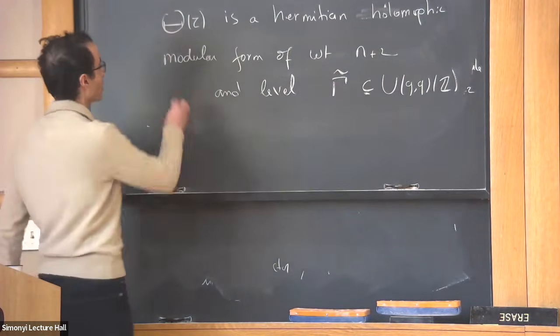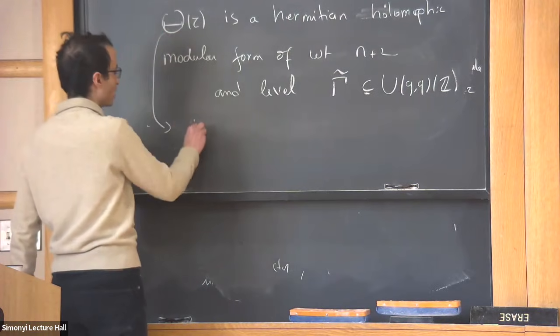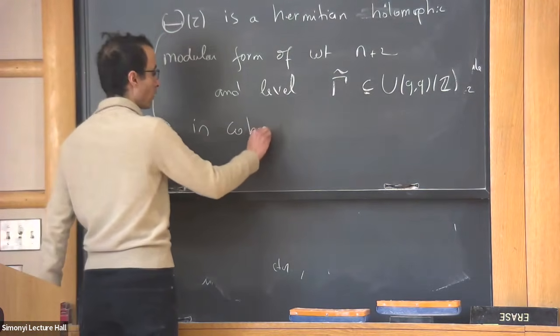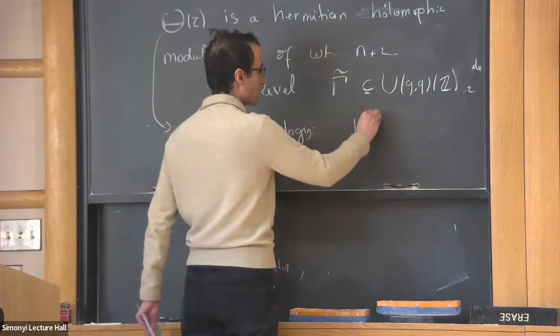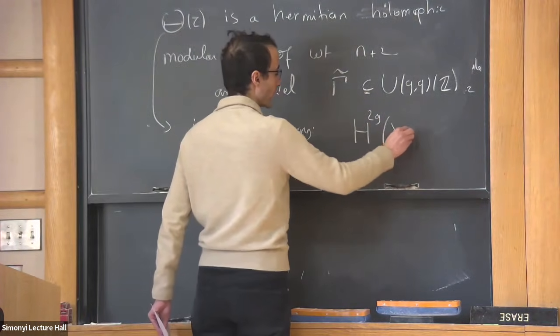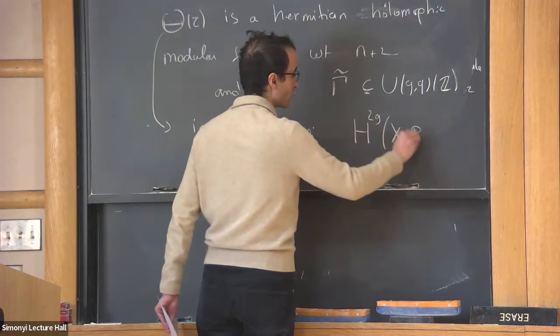And of course, this is in cohomology. The meaning is when you take the classes in H^{2g} of X with, say, R coefficients.